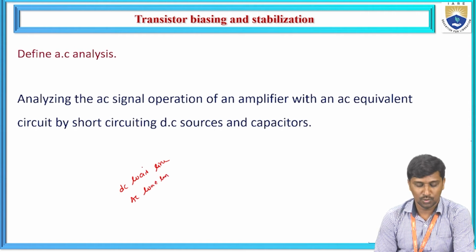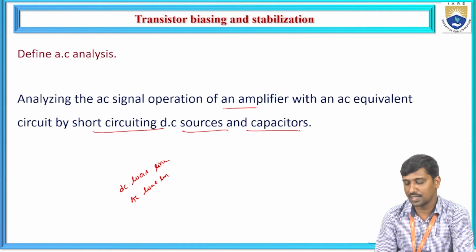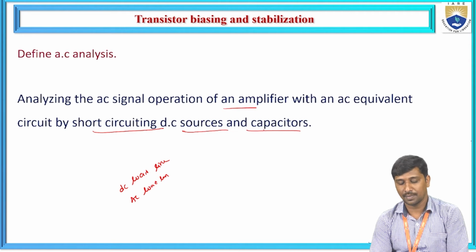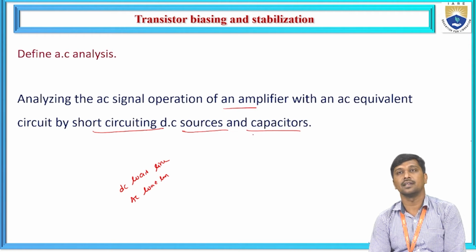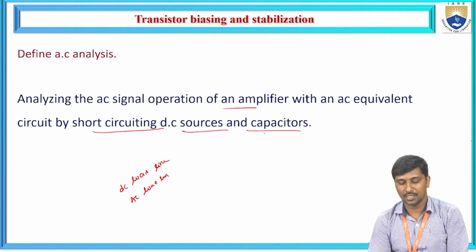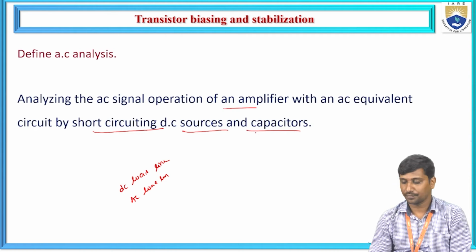To analyze the AC signal operation of the amplifier, we need to convert it to the equivalent AC circuit by short circuiting the DC sources as well as the capacitor. Why do we short circuit the DC source and capacitor? The capacitor allows only the AC signal. Hence, whenever the AC signal passes through this capacitor, it acts as a short circuit.